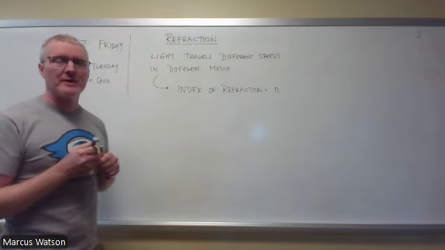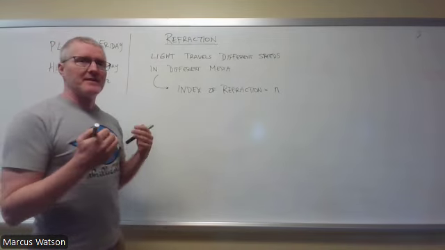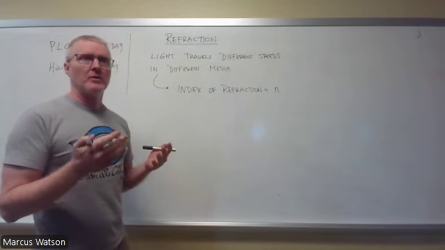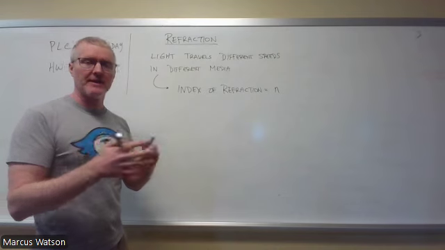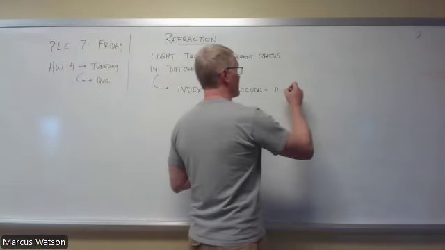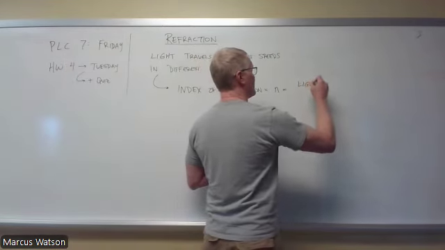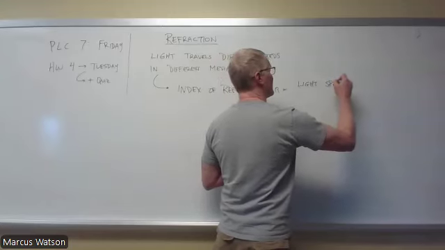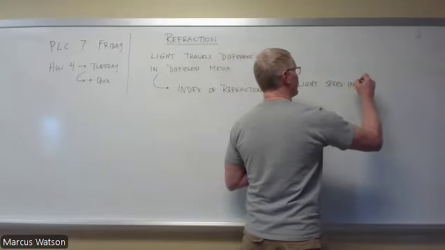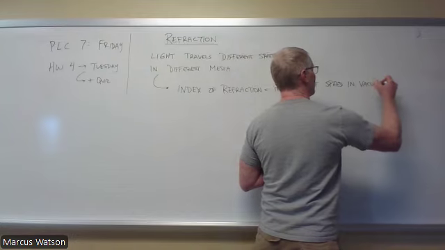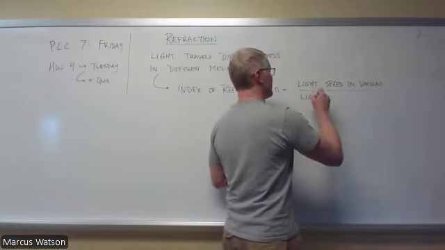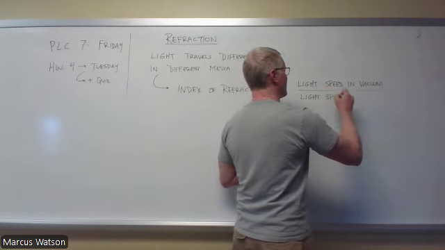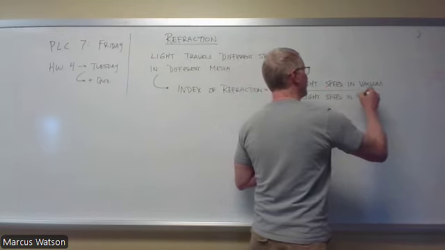And essentially it is the ratio of the speed of light in vacuum to the speed of light in material. So we have light speed in vacuum divided by light speed in material.